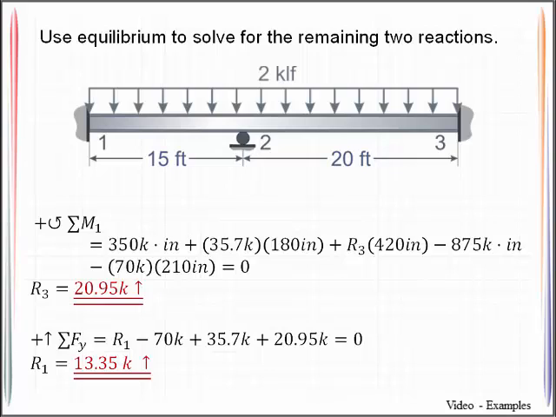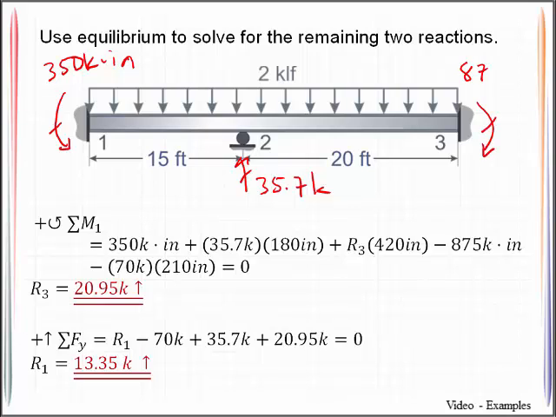Then what I can do is I can transfer those over here. So 35.7, 350 kip inches, 875 kip inches, and then I can go ahead and solve for my other forces, R1 and R3.